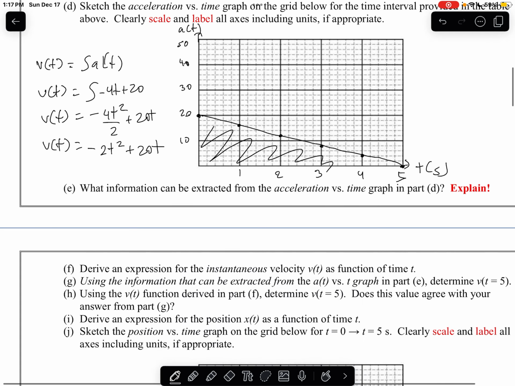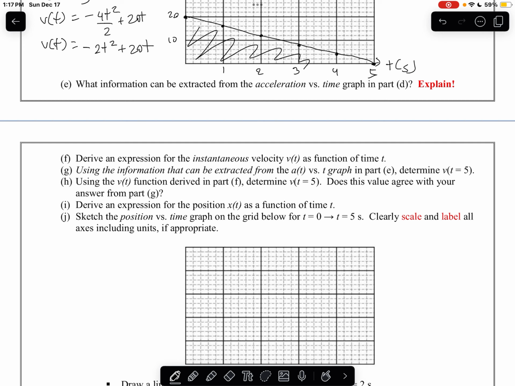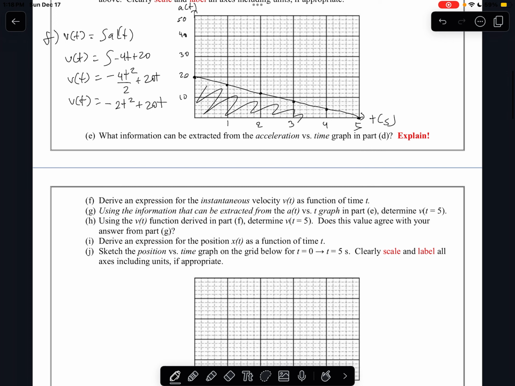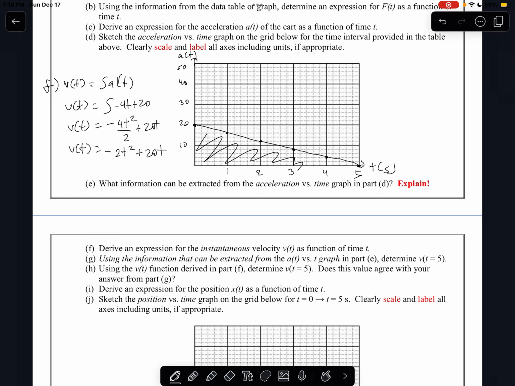Yeah, that's for part F. And then part G, using the information that can be extracted from the a of t versus t graph in part E, determine v of 5. So v of 5, I think I can use the triangle formula.